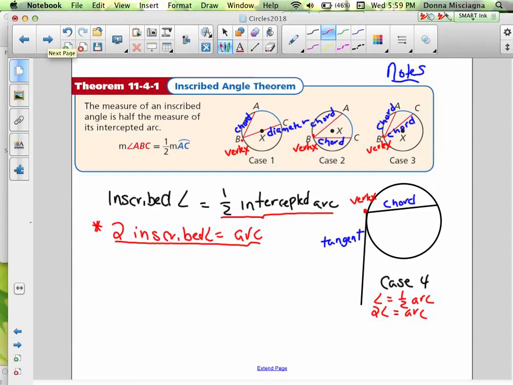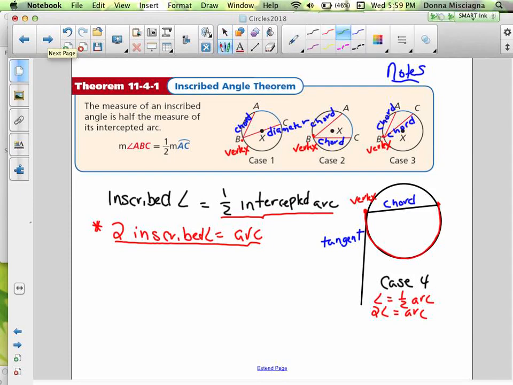Now the tricky thing on this one, I think, is where the arc is located. So instead of going between the 2 endpoints of the circle, it goes from vertex to endpoint. All right, so this right here is the angle. I'm going to change colors.